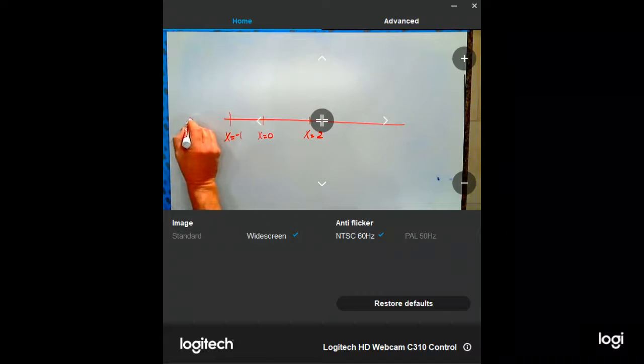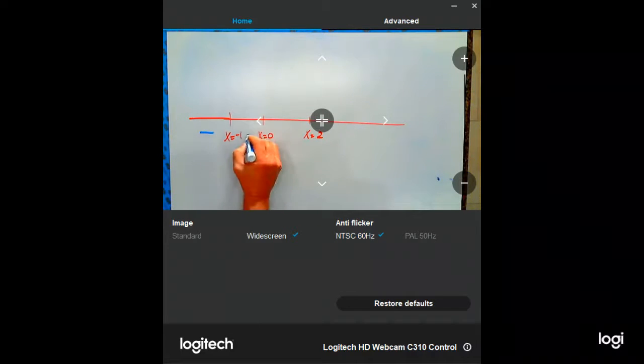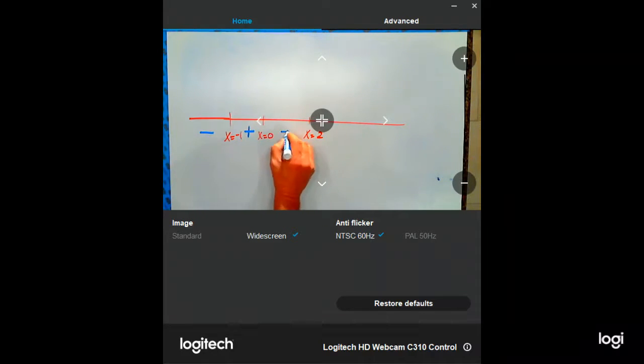These were our critical numbers. And what we determined was when we were less than -1, we said we were negative. And then here we were positive, here we were negative, and here we were positive.